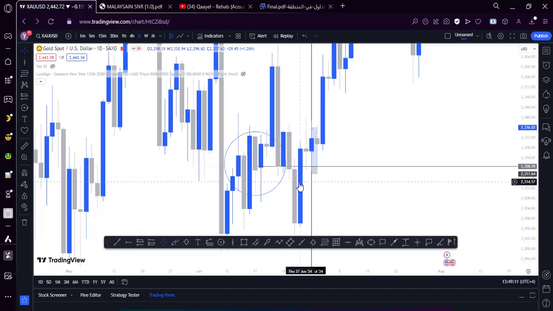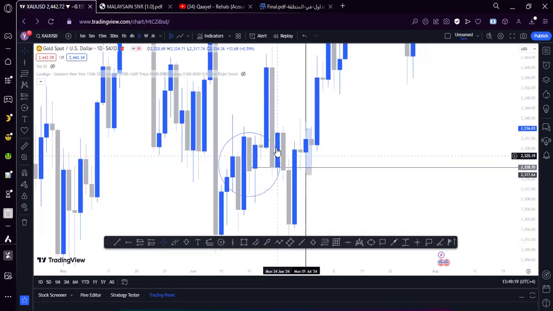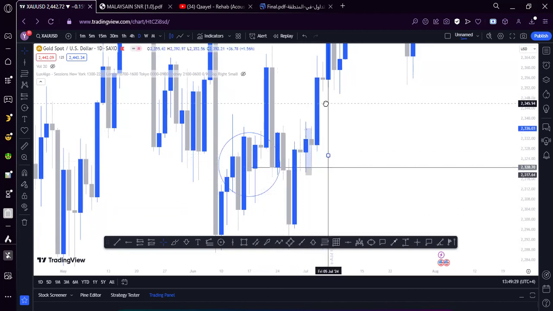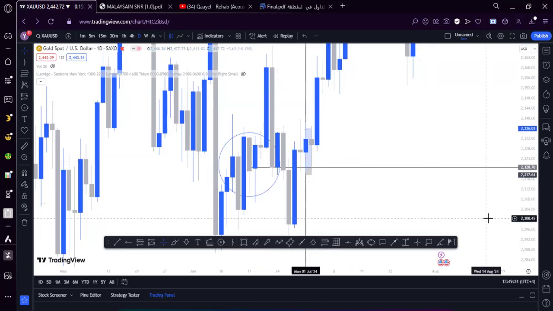Our weekly time frame aligns with the daily time frame in this V-shaped level on the daily, okay? And the daily is a fresh level, because our level has touched. Our daily level is fresh here, and the weekly level has touched here, okay?